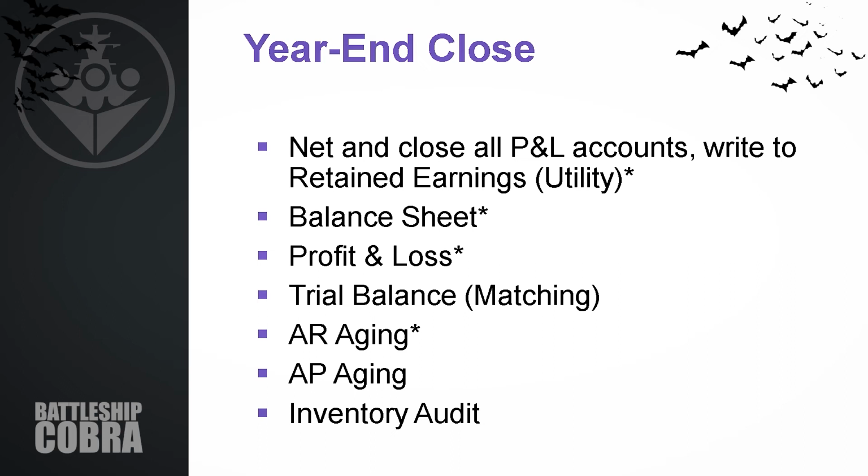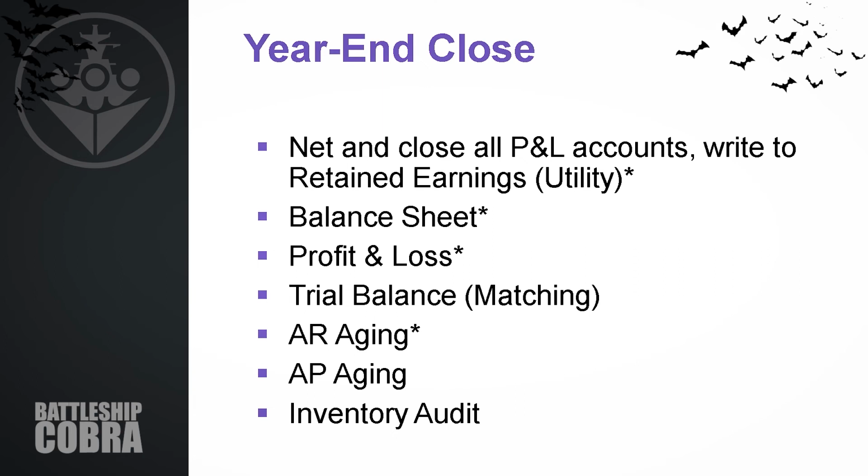Net and close all your P&L accounts. So if you had $1,000 of revenue and $500 worth of COGS, the revenue is going to be a credit balance, and the COGS is going to be a naturally debit balance, and you write those together into current earnings in the 3,000, and then that becomes what you write over to your equity.